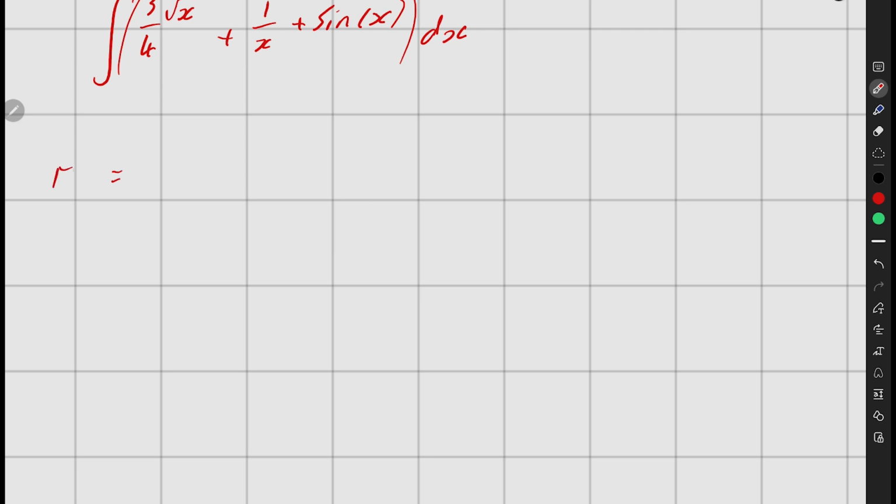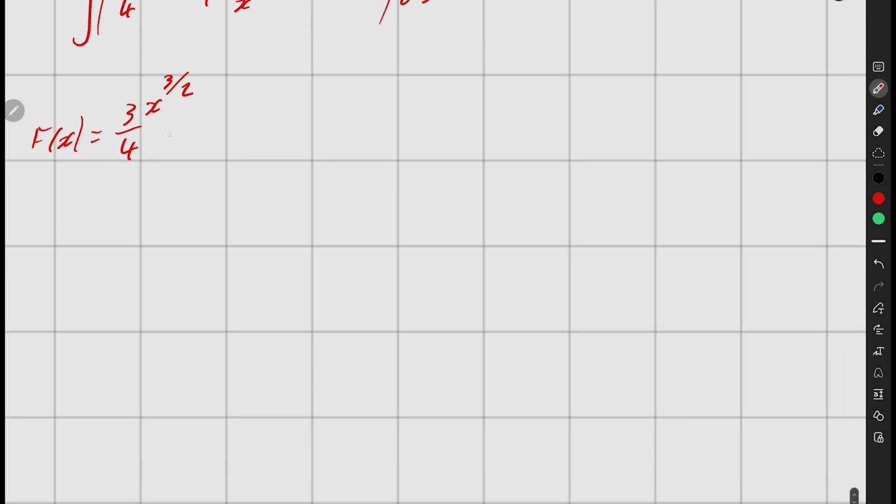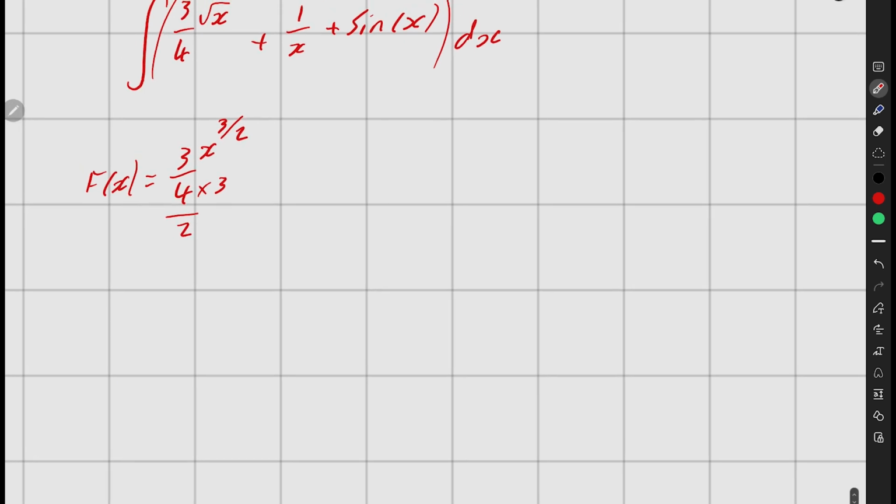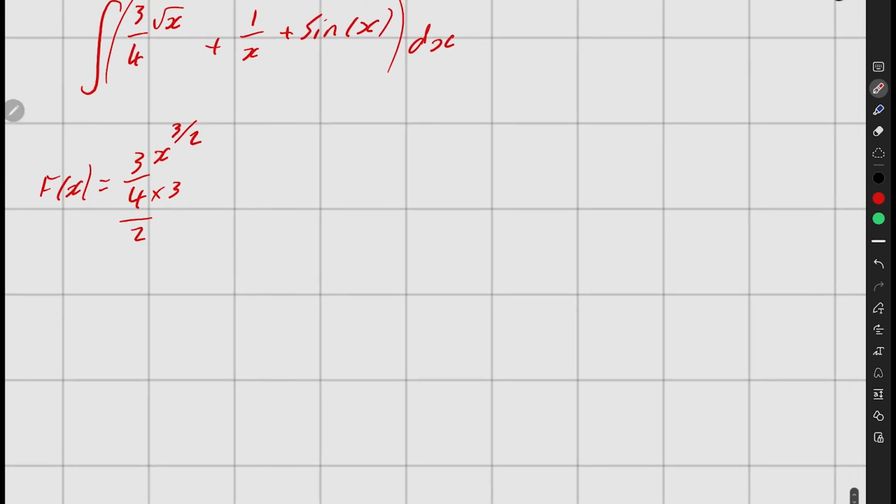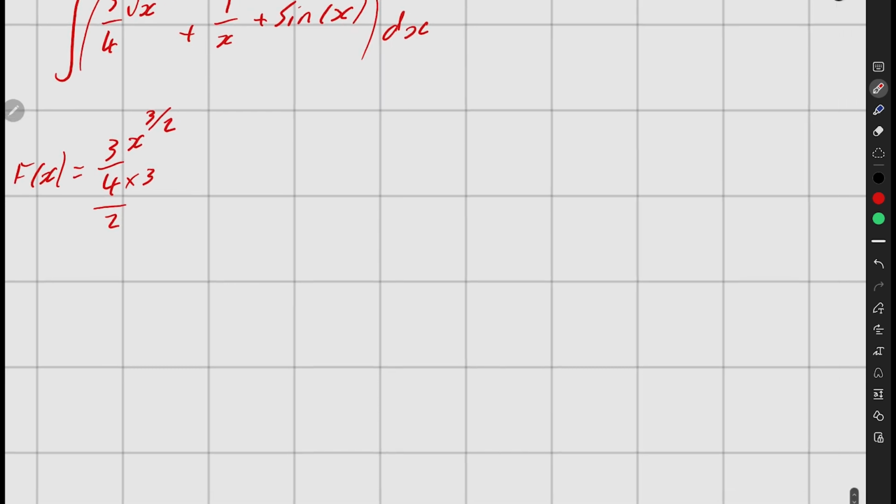So we can say the integral of f of x is going to be equal to 3 divided by 4, and have x to the 3 divided by 2, then we're going to divide by 3 on 2. And again, if it makes it easy to bring the constant out the front, just do that, then you won't have to mess around with this fraction work. Plus 1 on x, as we know, that is ln of x.